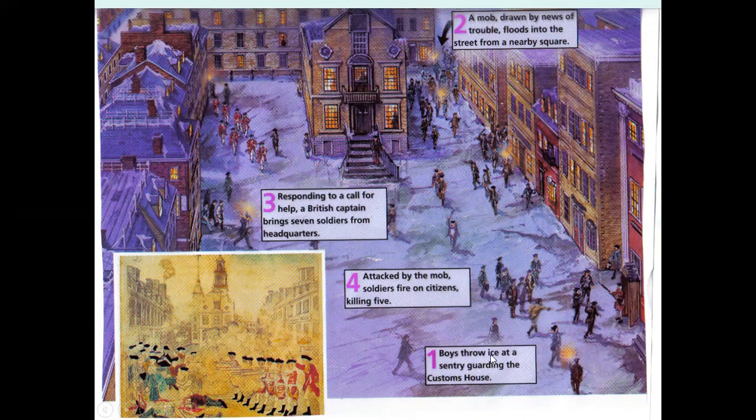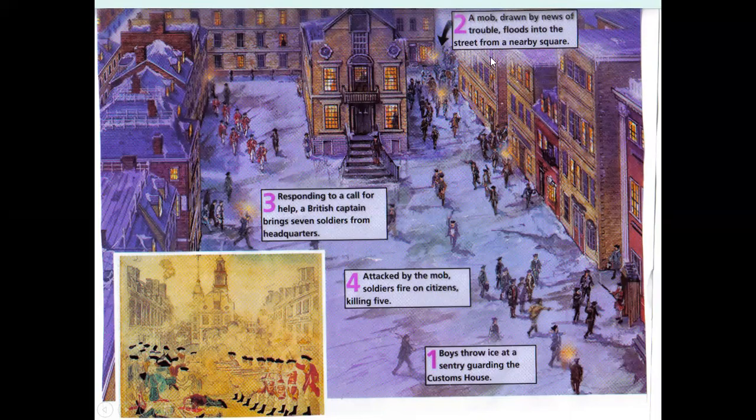They're throwing snowballs, some packed with ice, like slush where you squeeze the water out and get an ice ball, at some guards at the customs house, which is where trading business is taken care of. Now, word starts spreading through the town that there's some trouble getting started.